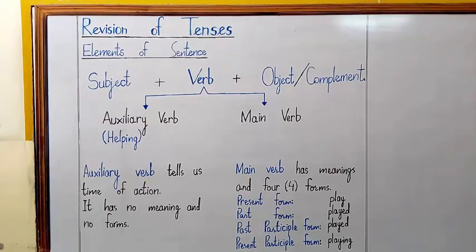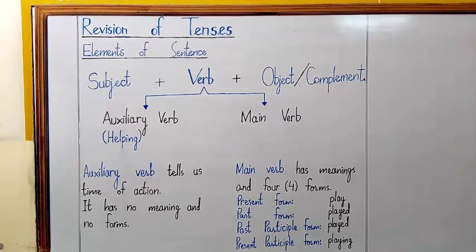You can look at the board. Verb has two main branches: auxiliary verb and main verb. Auxiliary verb is also called helping verb, and it comes before the main verb. It helps us to know the time of action.